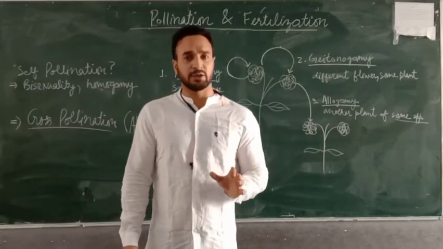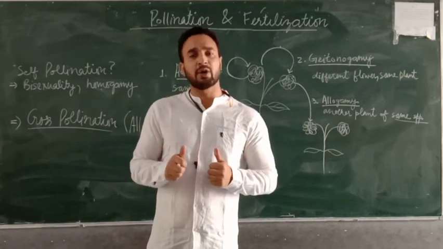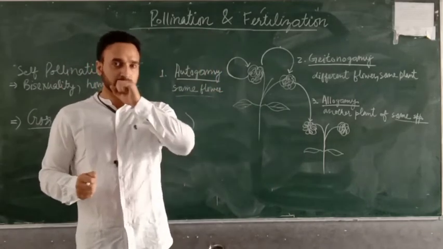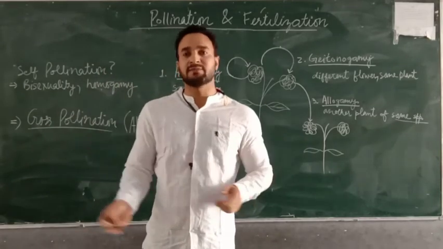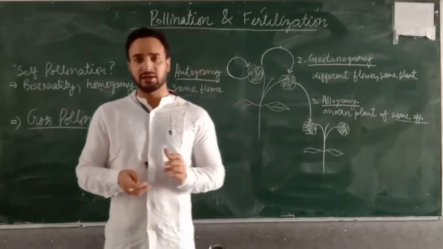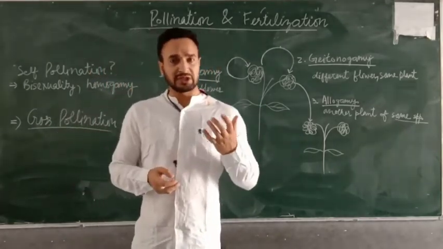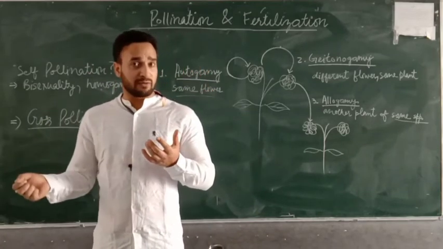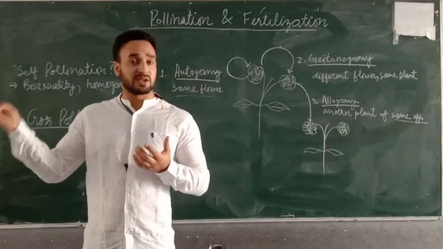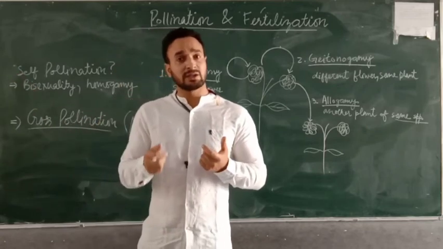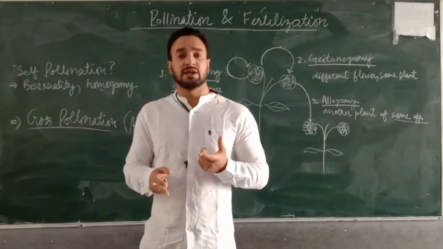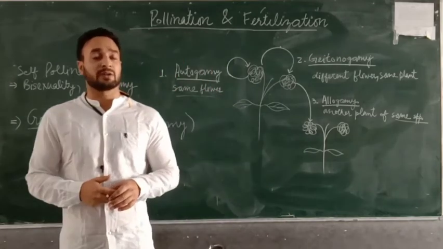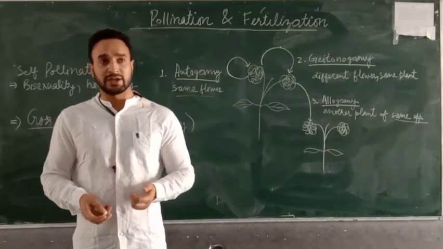So what I was telling you is that for pollination, the plants that are pollinating should be of the same species. Though the stigma of the rose flower may receive pollen from a sunflower, only the pollen of its own species, that is the rose, can germinate on its stigma. Are you getting me?